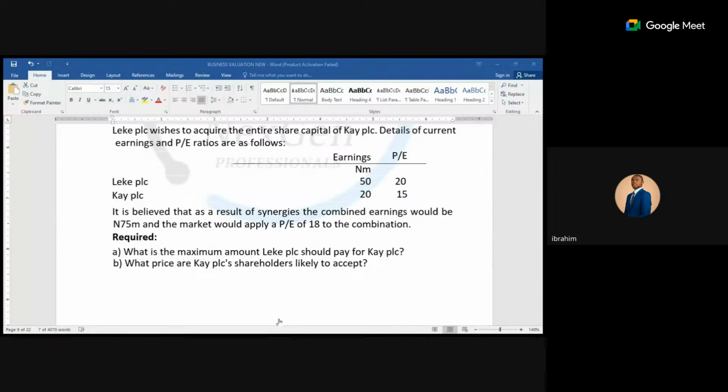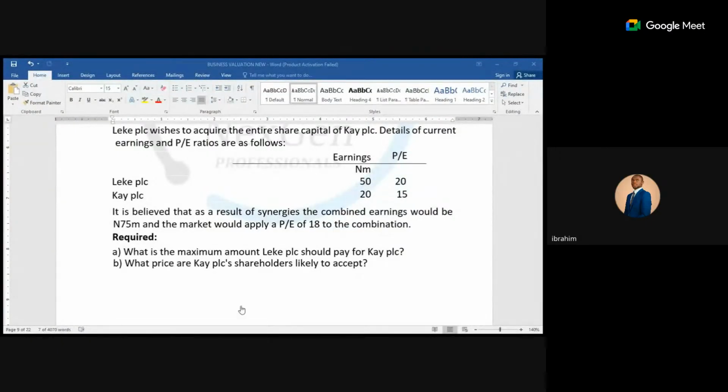You see, all those methods that we've been using, the asset-based method, the liquidation method, and the other methods, give the minimum price at which they can pay to acquire, whether it is acquisition or otherwise. That is the minimum price.